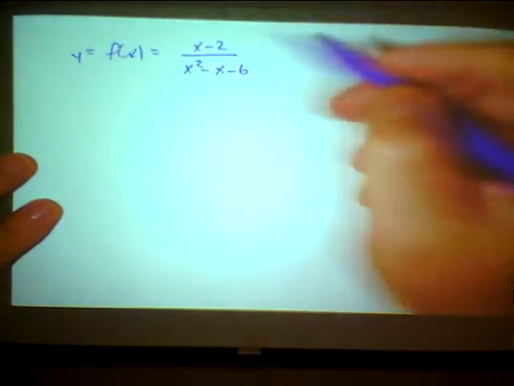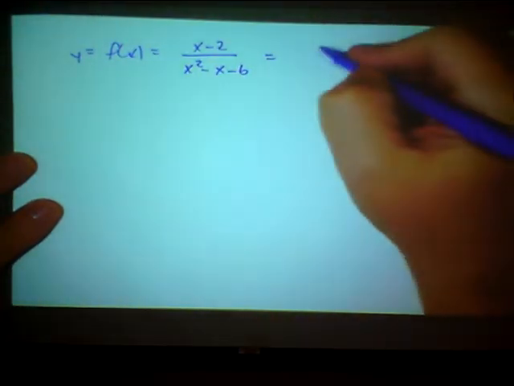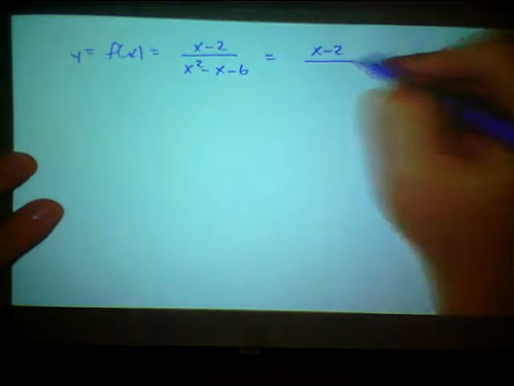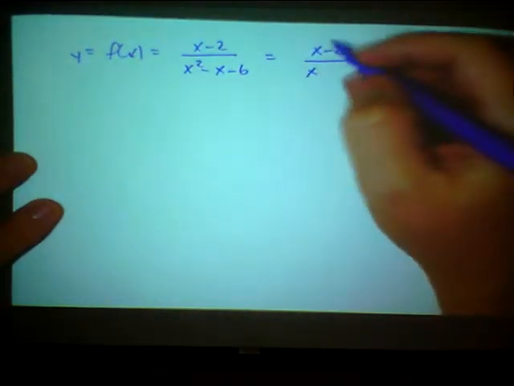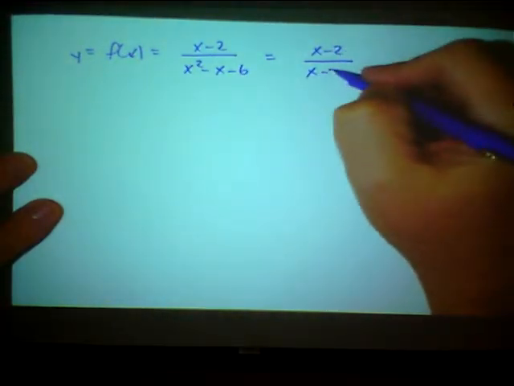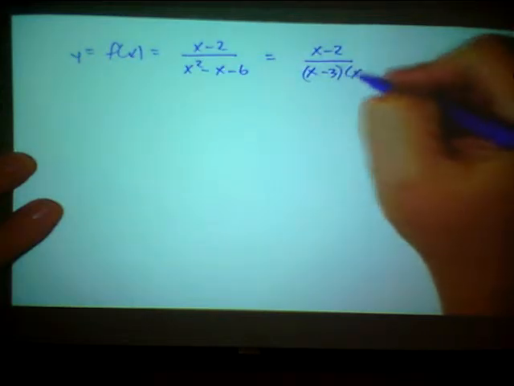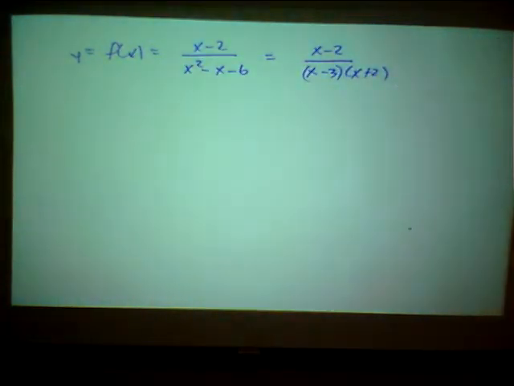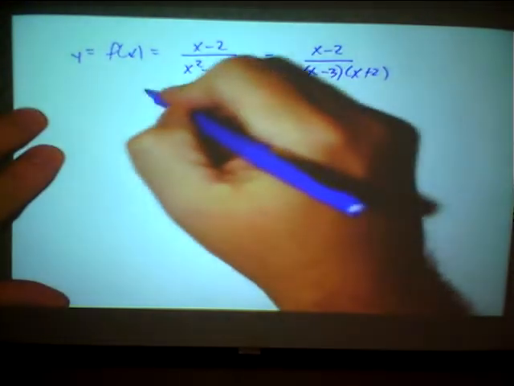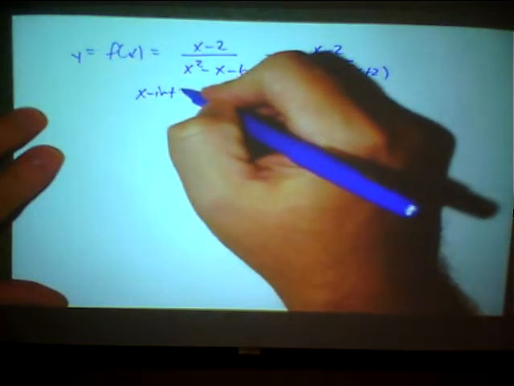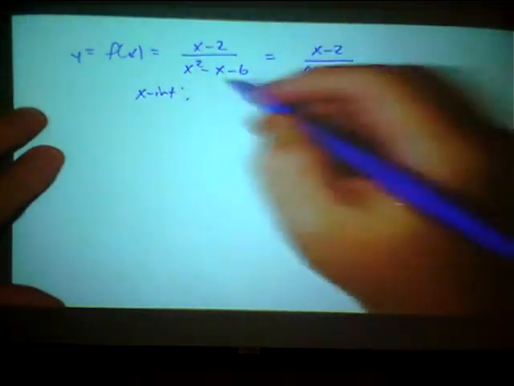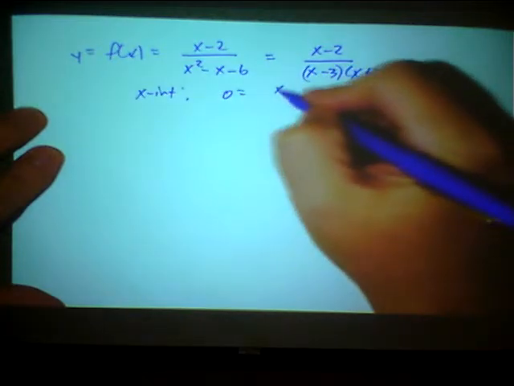Of course, call this y. This I need to factor. If I factor the denominator, I believe it should be x minus 3, x plus 2. So let's do our intercepts. For the x-intercept, set y equal to 0.